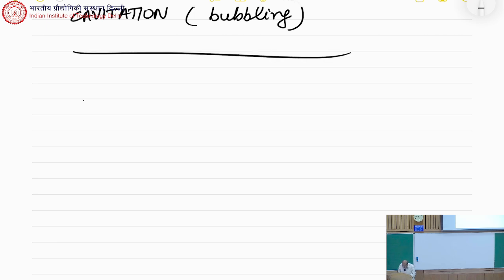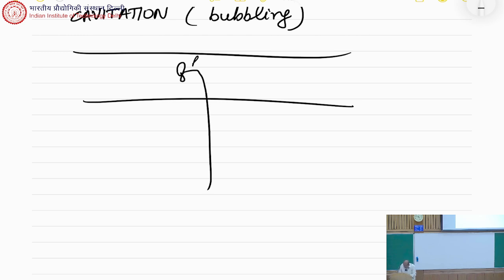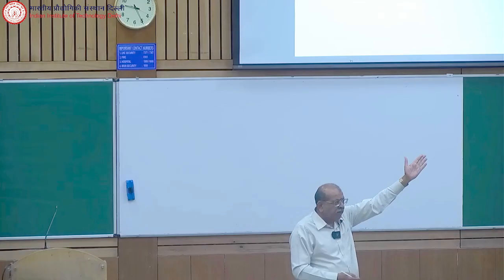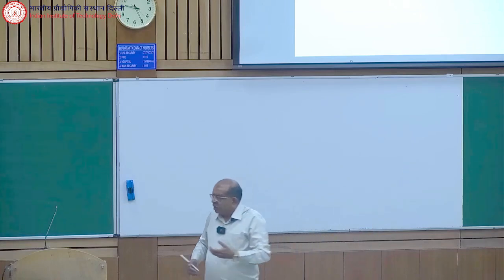Now, in certain other problems, let's say if there is a fan, if you have a control volume like this, which has a fan which is a part of the control volume, then clearly you can't use the Bernoulli equation between the inlet and the outlet, because energy is being provided by the fan to the flow. So here let's say this is 1, this is 2.